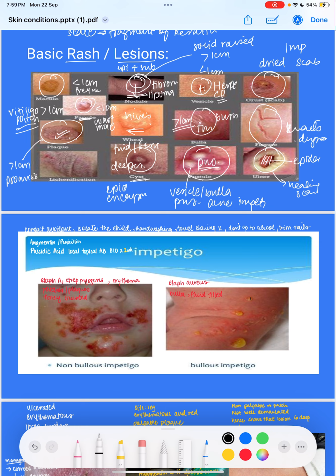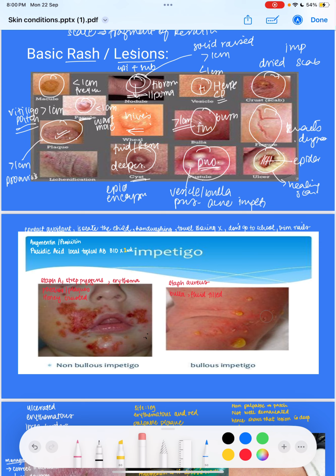I think this is the lower abdomen and then the upper leg, and there are multiple lesions which are yellow in color, which leads me to believe that these are pus filled, but because we do know that it's bulla, we'd say that these are bullas more than 1 centimeter, well demarcated. And we also see यहाँ पे crusting, right? We don't really see crusting in this picture, but we do see crusting in this picture. And then we'll say that the skin is erythematous, right?